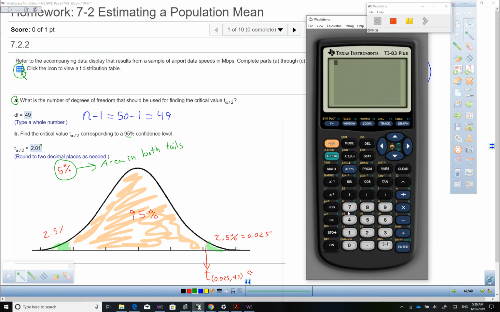It uses the calculator. This model doesn't have the inverse t. So we go to math, we scroll down and find a function on the calculator known as solver. You press enter or 0, wherever you want to press here.